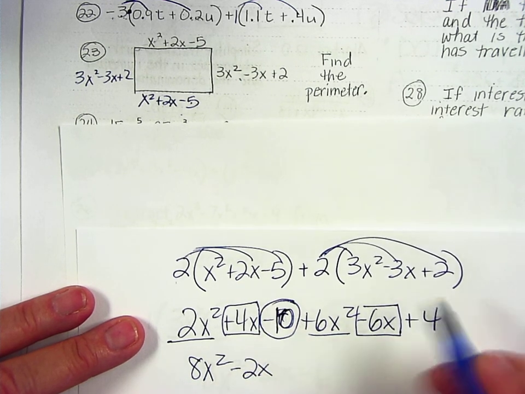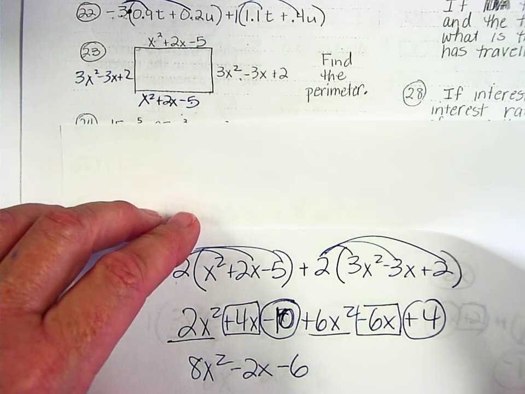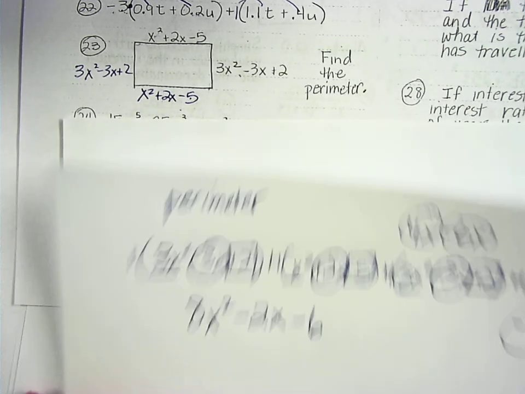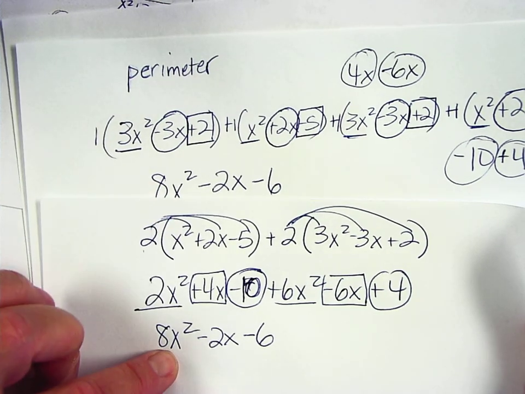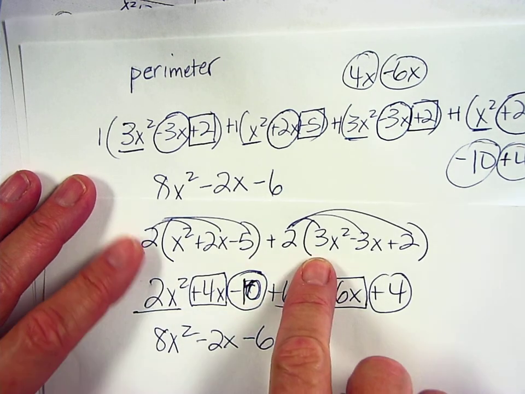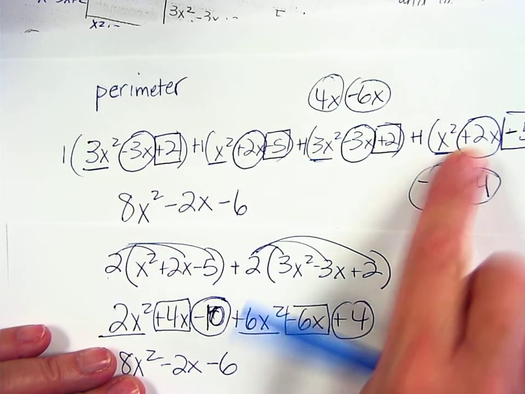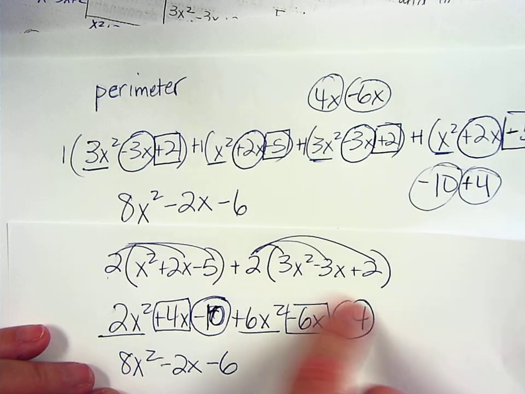And 10 negatives and 4 positives is negative 6. I believe that's what I got the first time. Exactly the same. Now, if this confused you, do it this way. Doesn't matter. They both work. Adding up all sides or doubling one side and doubling the other side and then adding them together, they both work. Love it.